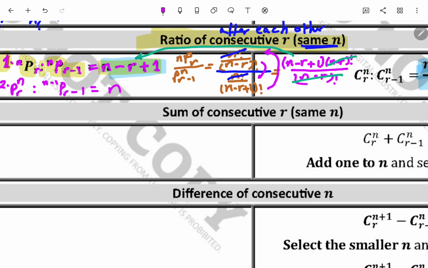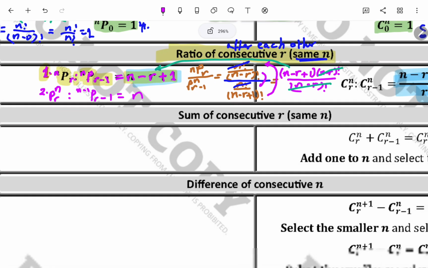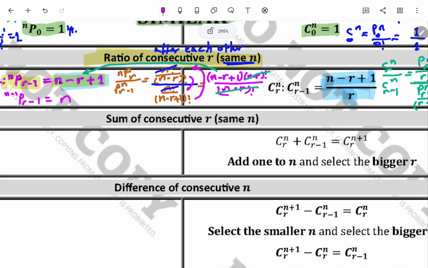And the other side, which is talking about combination, you can call this number 3, and you can see that we have nCr over nC(r-1), and that can be given as (n minus r plus 1) divided by r.